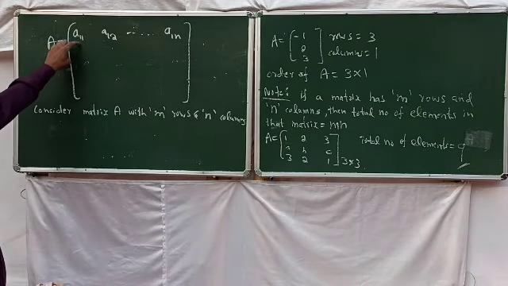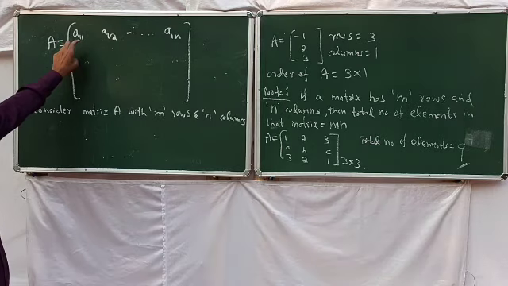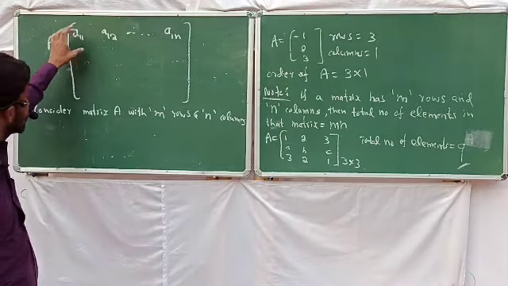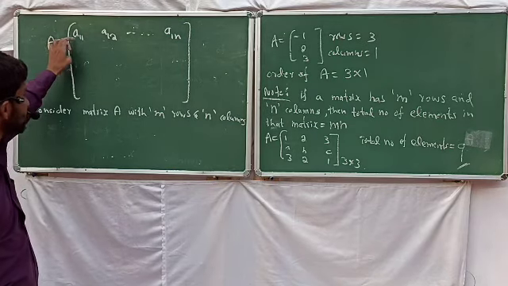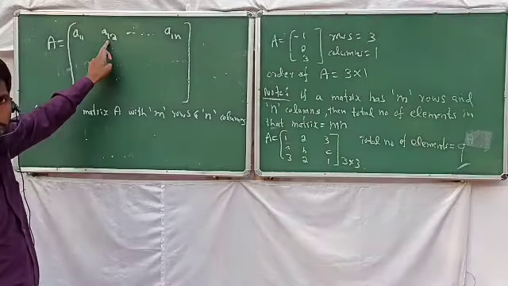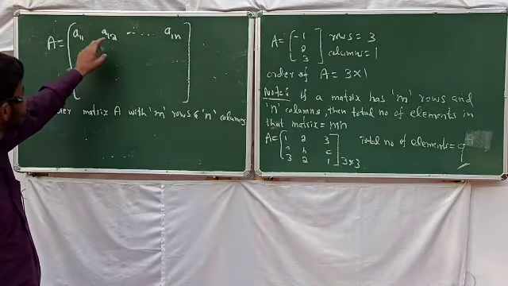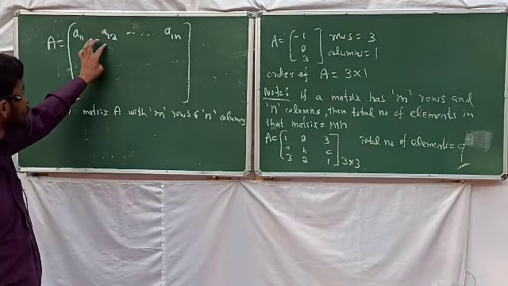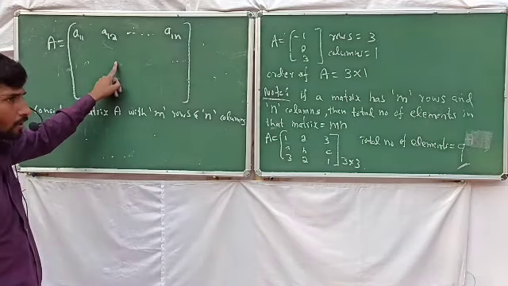Now see, a11. The meaning of a11 is first row and first column. The position of this element is first row and first column. Similarly, what's the meaning of a12? a12 means first row and second column. That element is present in the first row and second column.